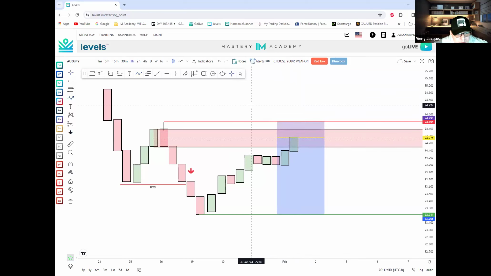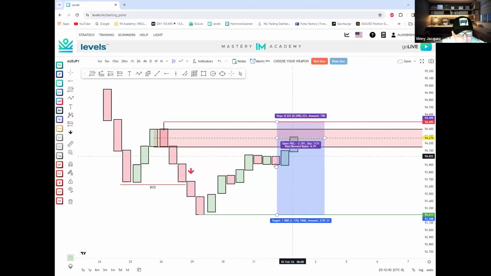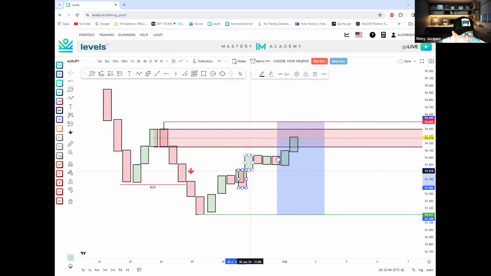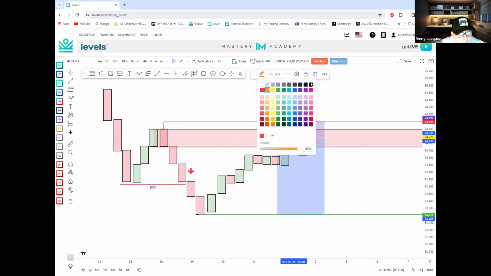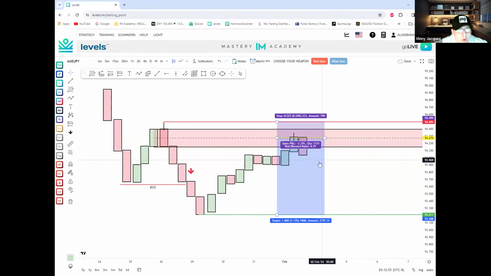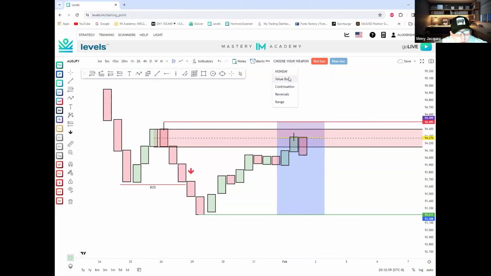Right now, as market drops and goes our way, hey, I gotta be real with you guys. This is my little wick. Cool. Now, as market is dropping, if you press choose your weapon and you select value box, what's going to happen is market's going to pull up the fractals, and it's actually going to say, yo, this is your swing high right here.